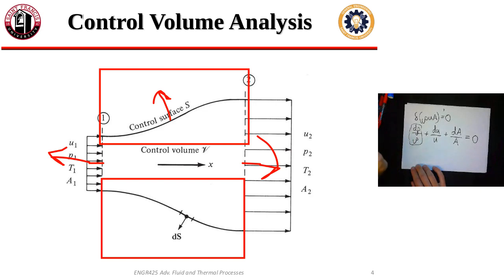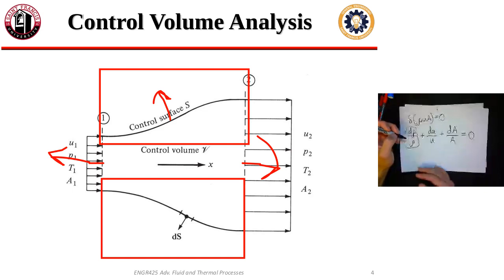So the first thing that we can do is, if we look back at some previous work that we did, we know that density and pressure are related to velocity by way of Mach number.